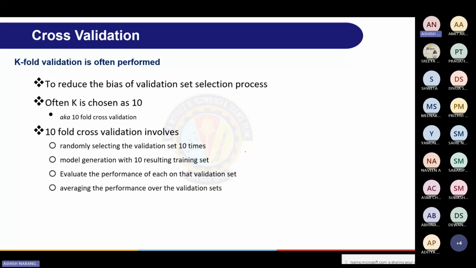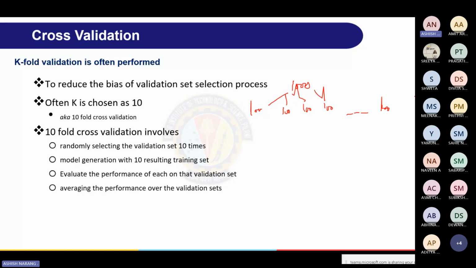Let's say I have 1,000 records. I will divide it into 100 records each, so I have 10 sets of 100 records. Out of this, I'm going to use 9 sets for training and 1 set for validation. In this way, I'm going to cover all such cases.